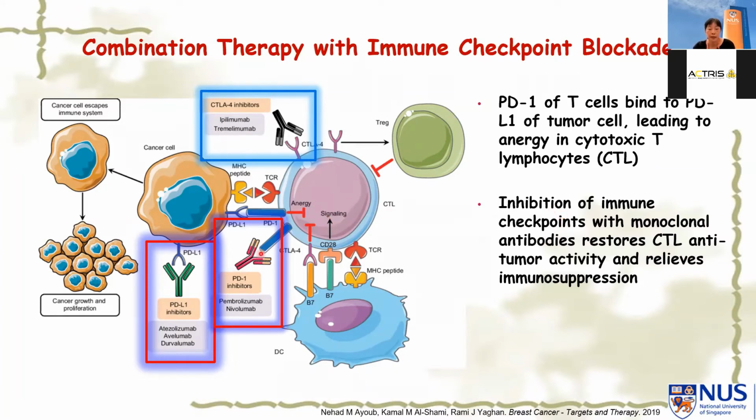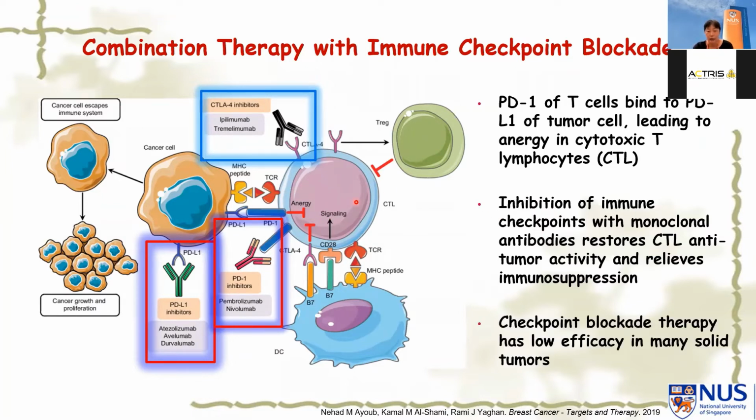So by using an antibody to block this interaction, you can have a better T cell activation. So this is the idea for checkpoint blockade therapy in cancer. But however, in a lot of solid tumors, this therapy has shown very low efficacy.